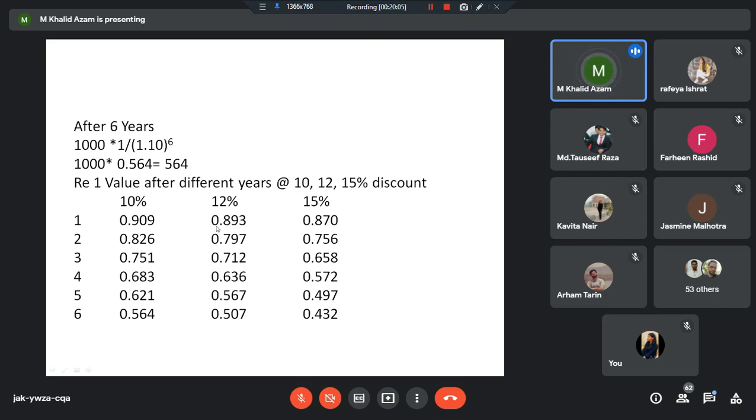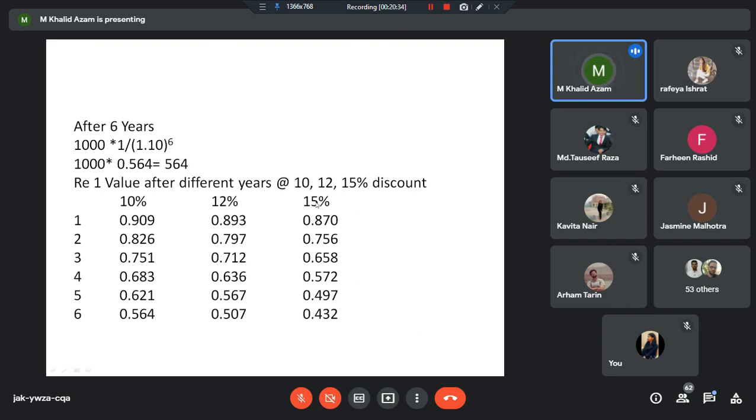In first year it was 0.893, in second year it has reduced to 0.797 and 0.712. This figure at 10% will always be higher than if discounted at 12%. So here it is 0.751, this is 0.712. So as you increase the rate, the value is going to reduce further.